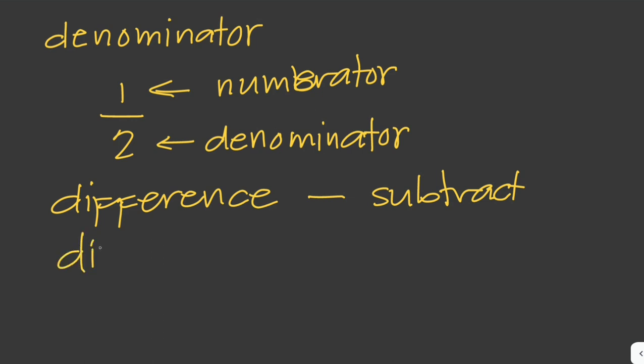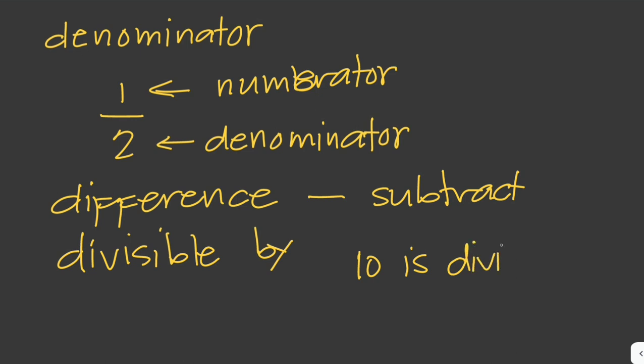Okay, another term is divisible by. That means a number is divisible by a second number if that second number divides evenly into the original number. Say for example, 10 is divisible by 5.